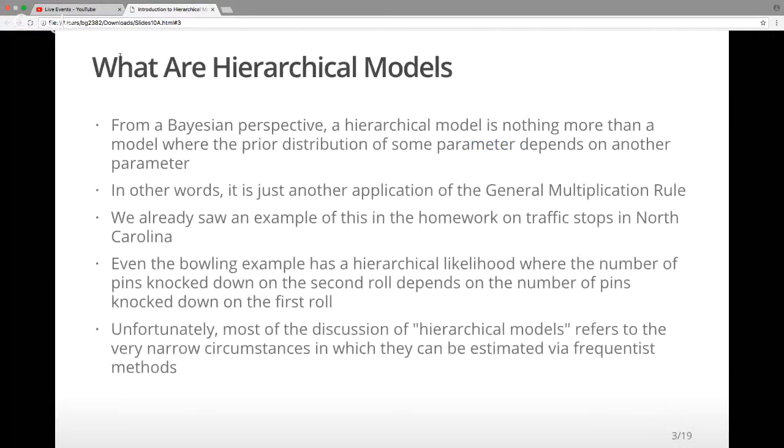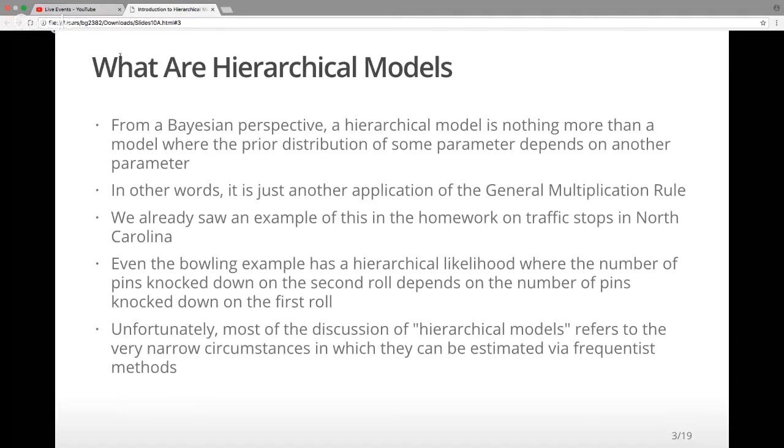So what are hierarchical models? From a Bayesian perspective, at least, a hierarchical model is nothing more than a model where the prior distribution of some parameter depends on another parameter, and you want to estimate both of those.